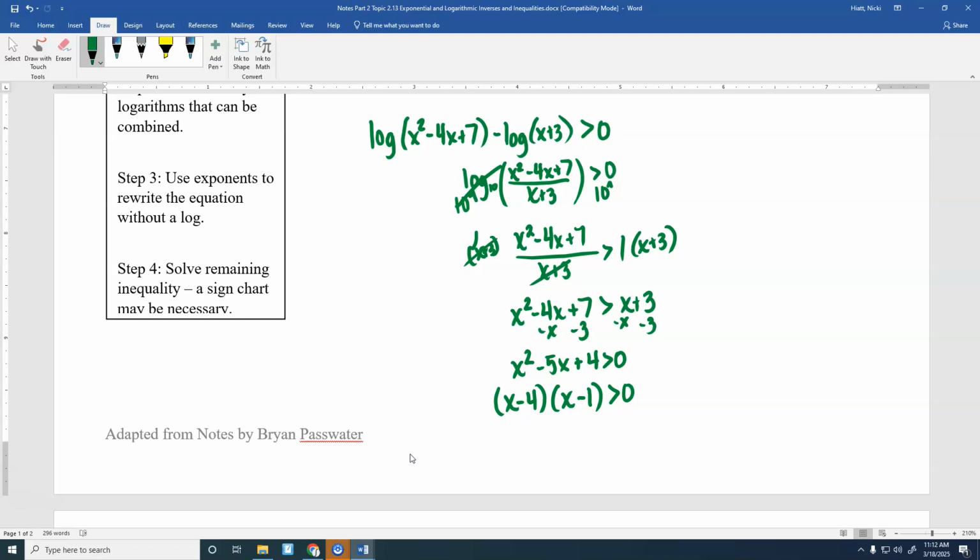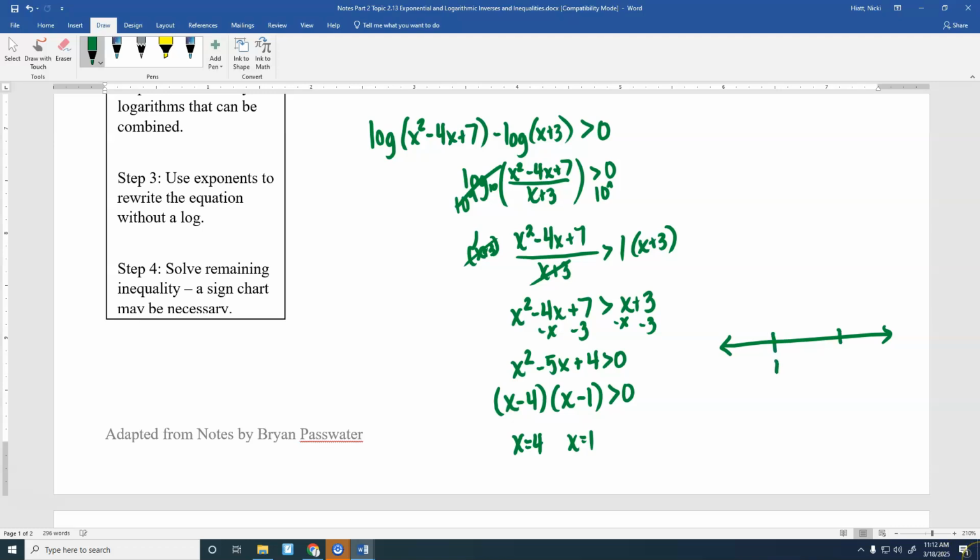Now, you do have to do a tiny little sign line for this, because you are going to get x equals 4 and x equals 1 as your points, but we have to look at entire regions for this. We've already done this several times, so this is going back to something we've done before.